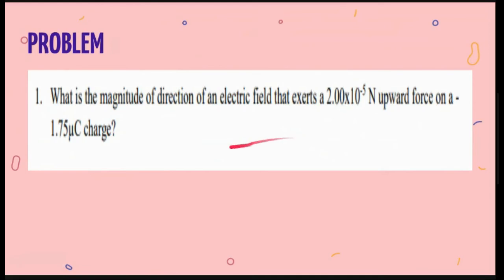So what is our Q naught? 1.75 microcoulomb. So what made us say that Q naught is 1.75 microcoulomb? From the unit itself, microcoulomb, that gives us the idea that it is a very small charge. Okay? Micro is times 10 to the negative 6.